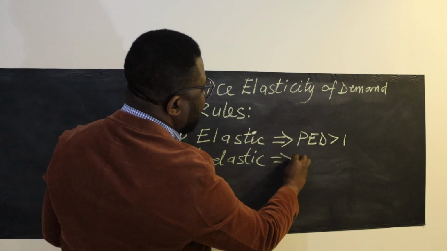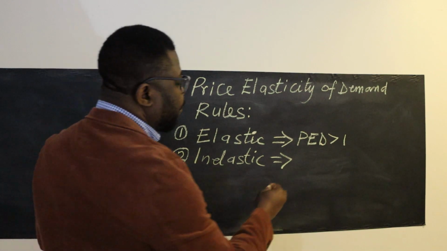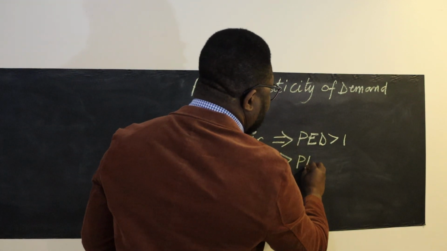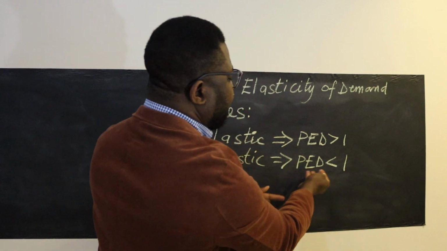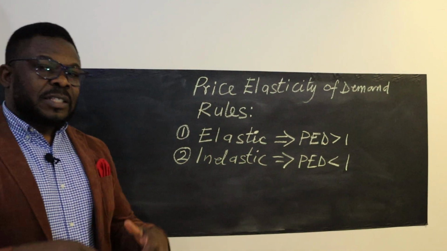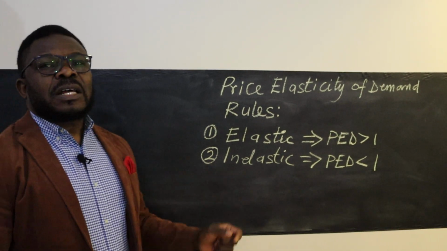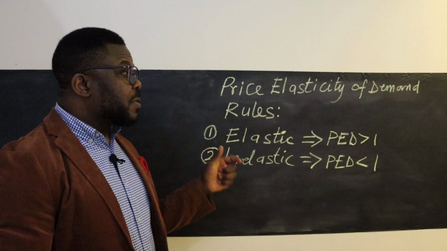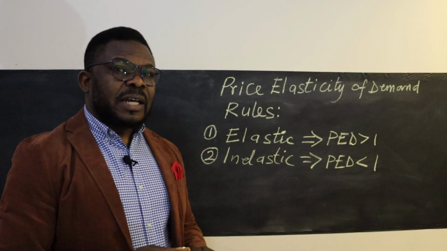As in the example I've explained, salt and the face mask during COVID-19, the PED, the price elasticity of demand, is likely to be less than 1. Whatever answer you calculate is going to be less than 1.